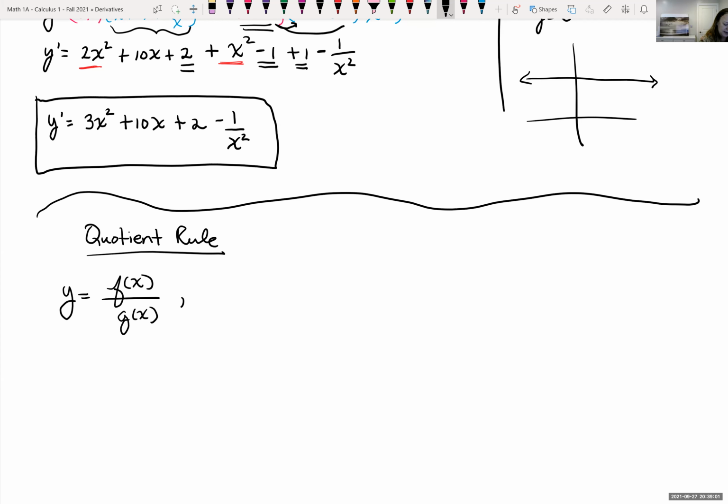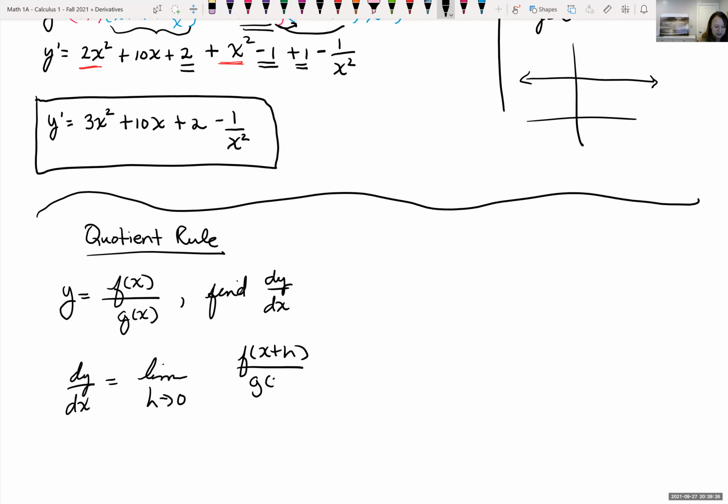So if we wanted to find dy dx, this would be saying I'm going to look at the limit as h goes to 0 of f of x plus h, so plugging in x plus h wherever I see an x, all over g of x plus h, minus my function of y, which would be f of x, all over g of x. And then put this all over h.